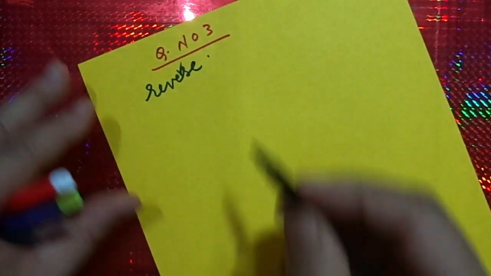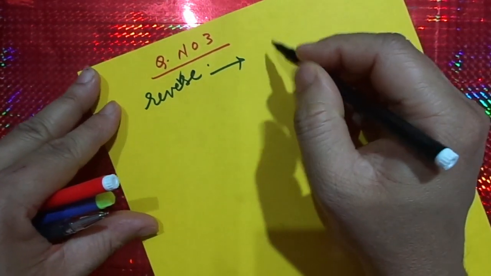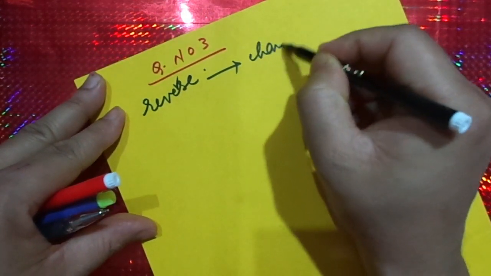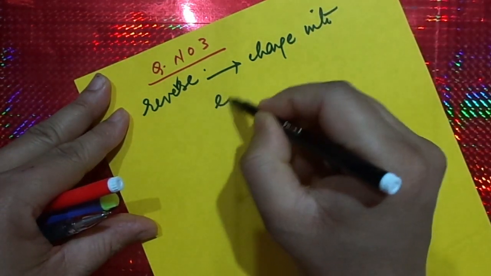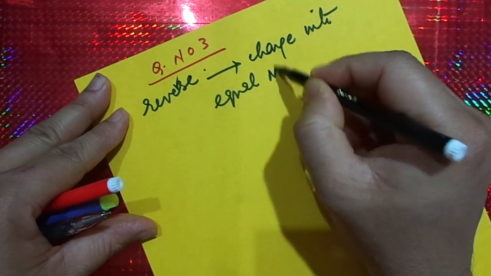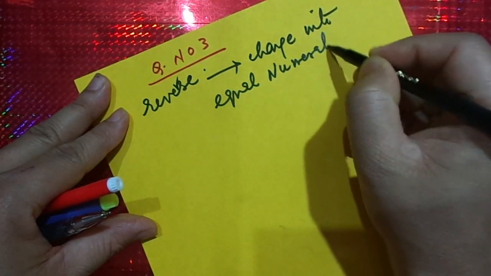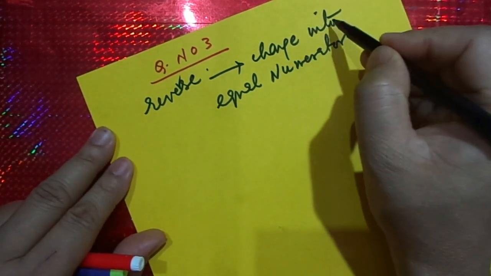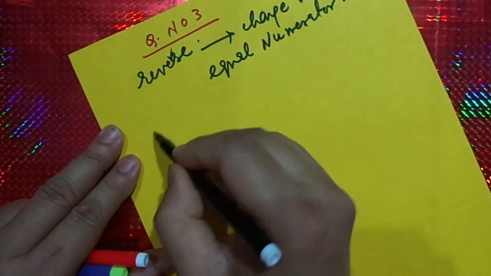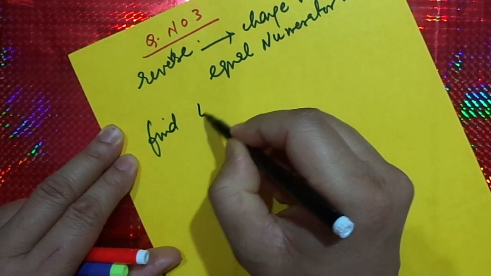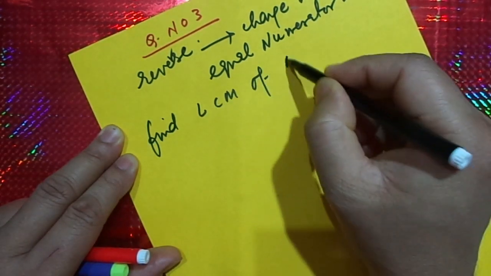So in reverse, you have to change into equal numerators, change fractions into equal numerators. So here also we will find the LCM of the numerators.